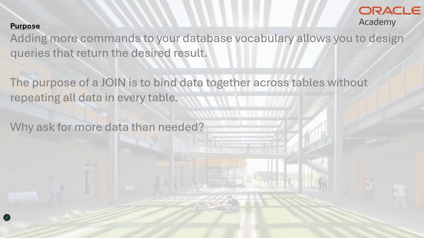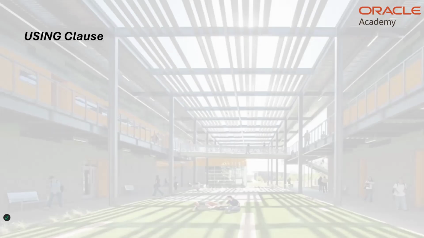So why ask for more data than needed? So that's the whole idea. You want to get specific data, like you want to pull out the employee and their manager name or something like that, to make sure you're running these queries to return exactly what you need.